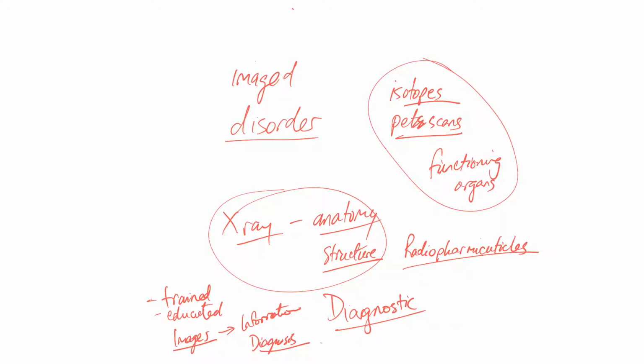The diagnosis is basically just looking at symptoms and imaging, and then coming up with the identification of the nature of the illness. So what is the disease or the problem that the person is having?